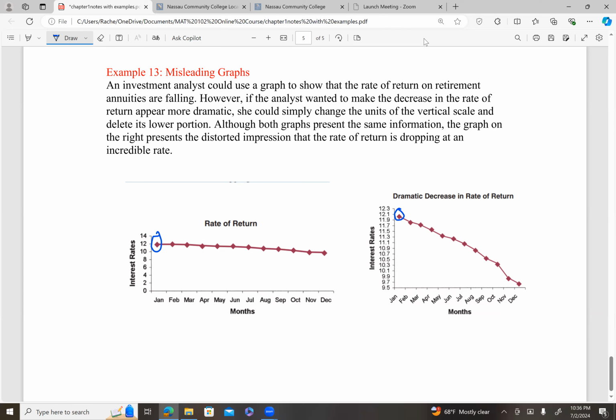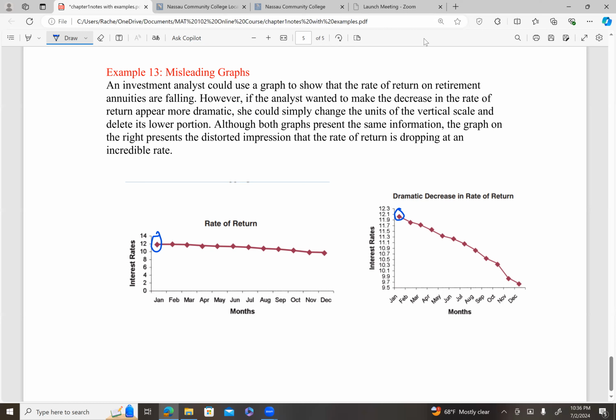But if we look at the graph on the right for February, now that the scale is more precise, there's more detail, we can see it's about 11.8%, and so on and so forth. So by changing the scale, we can see now this dramatic decrease in the rate of return, when it really wasn't that dramatic. We're going from about 12 to 11.8.